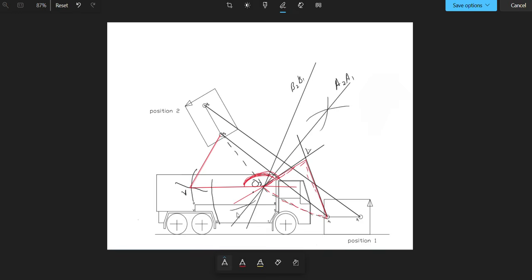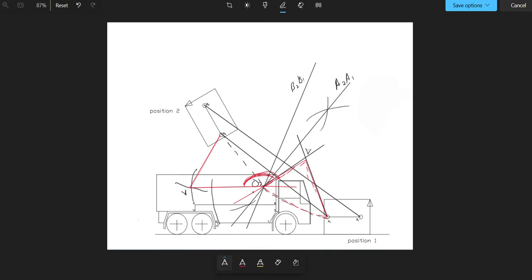And you see the question says that the hydraulic actuator should be in this region, VQRSTU. So you measure the line A1, B1, and then you measure any arbitrary length, or you move your compass needle to any arbitrary length from this line, and then you draw an arc.